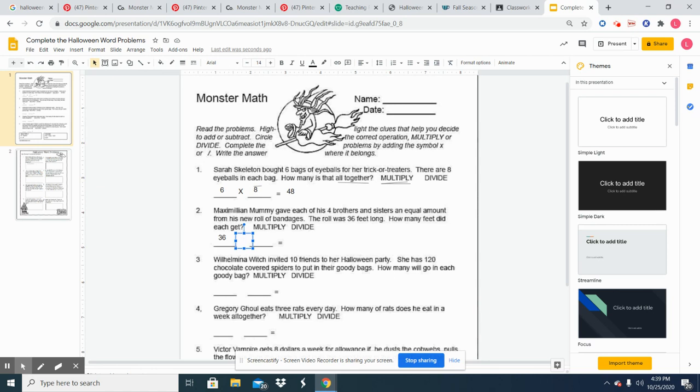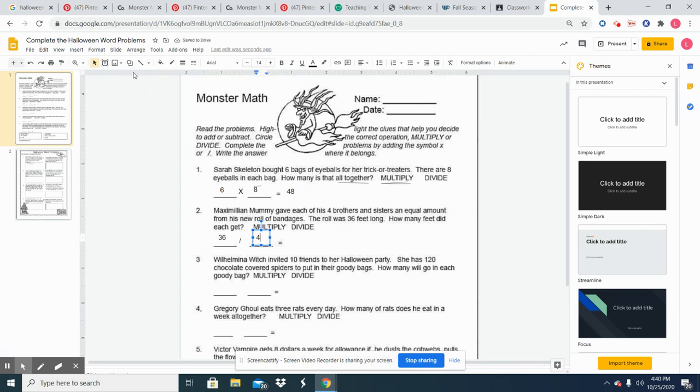If you look on your keyboard, I think on the same key as the question mark is the slash. You can just hit that key and it's a little slanted line basically. 36 divided by, and then click on the other text box, 4.